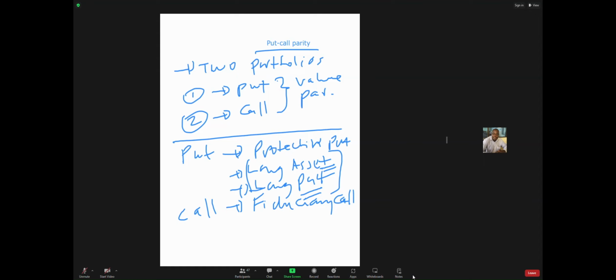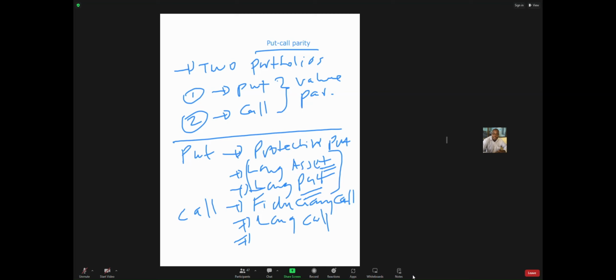You will invest money on a fiduciary basis. So you don't want to keep the money, so you invest. So it's a portfolio in which you long the call, which means you have the right to buy the underlying.